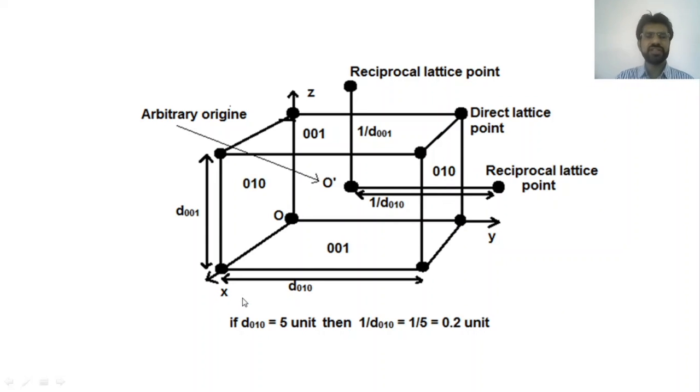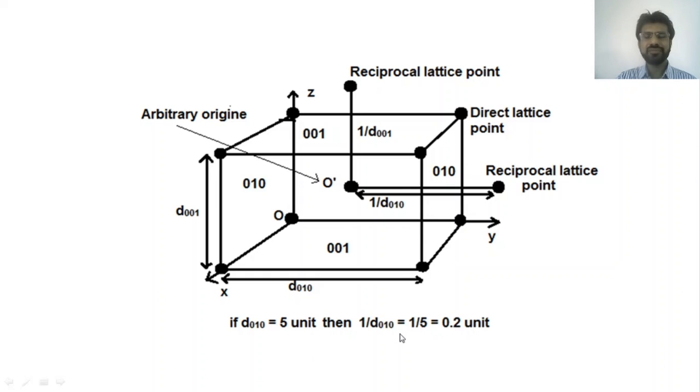Now if we consider the distance between these two planes equal to 5 units, then draw the normal from this arbitrary origin and terminate at the point where the distance will be 1/2 of the edge, or 1/2 of the distance between these two planes. Suppose the distance between these two planes is equal to 5 units.